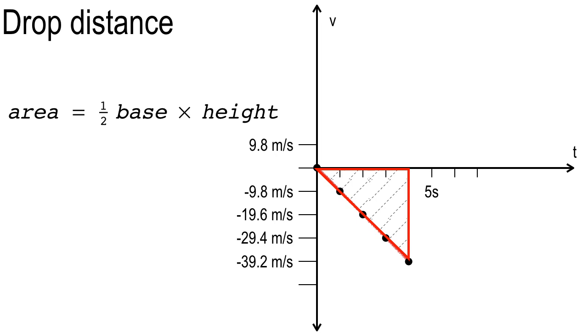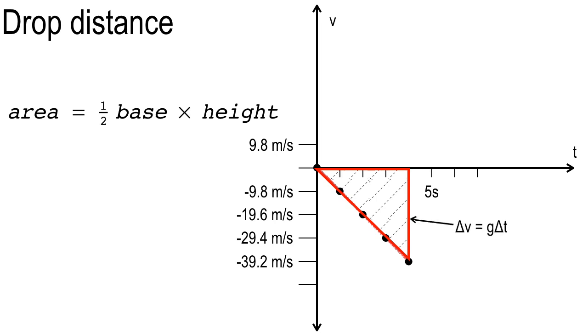So 4 times 39.2, actually 1/2 times 4 is 2 seconds, times 39.2 negative. So that's negative, anybody verify me, negative 78.4? Okay. And so that means you've fallen 78.4 meters. That's a pretty tall building. I don't think we have anything that tall in Orlando. But, yeah, that's what it would be.